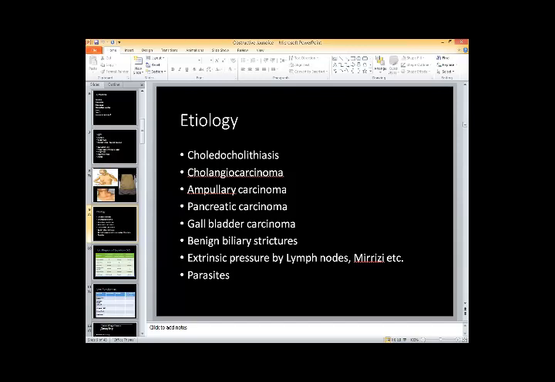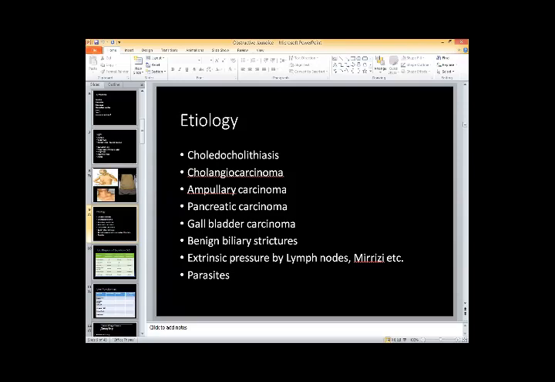Carcinoma of the head of the pancreas, because once it starts increasing in size, it causes pressure on the common bile duct and causes blockage of the common bile duct, leading to obstructive jaundice. So a pancreatic carcinoma patient presents with obstructive jaundice. Then gallbladder carcinoma itself, when it becomes large in size, can also cause pressure on the bile duct and will cause obstruction of the bile duct, leading to obstructive jaundice.